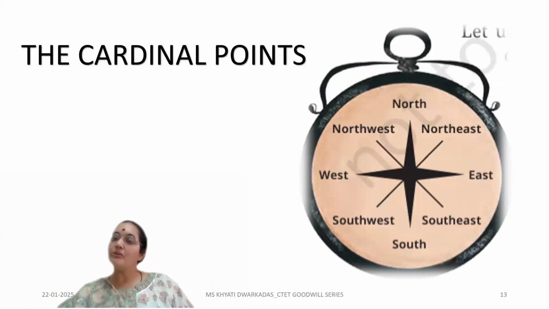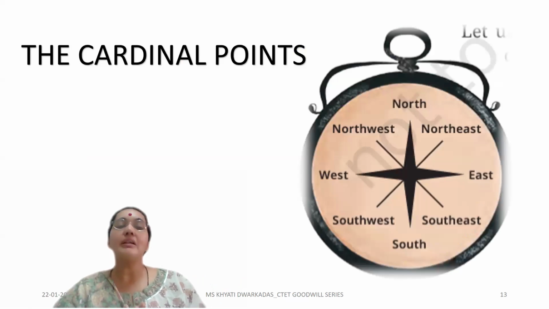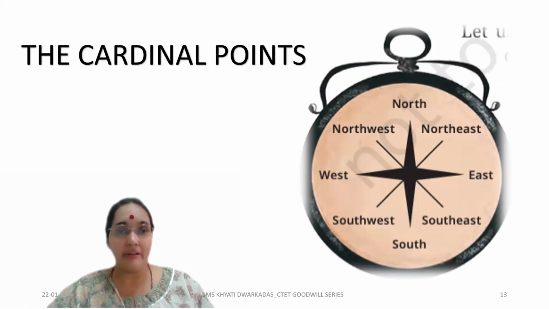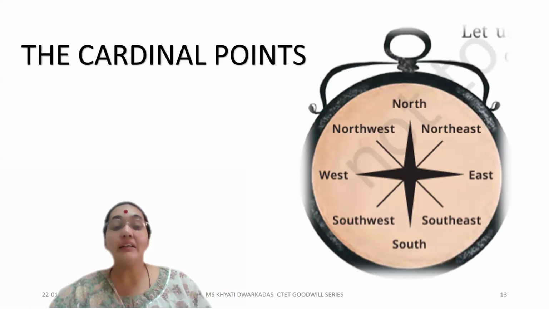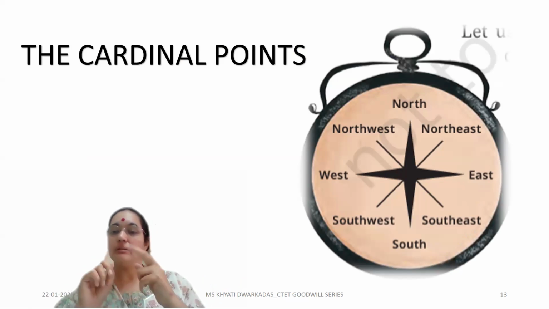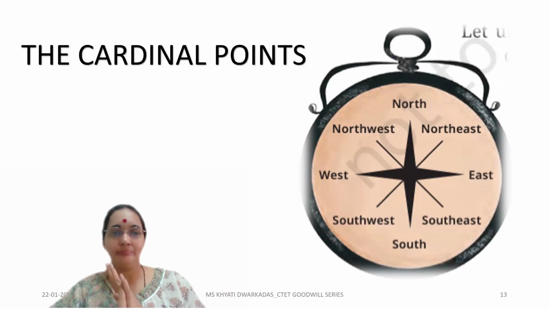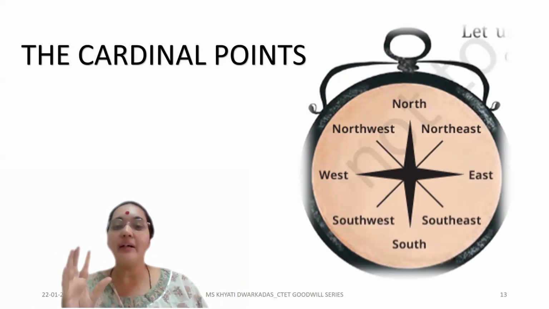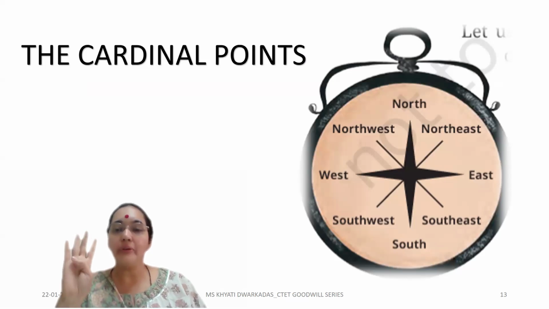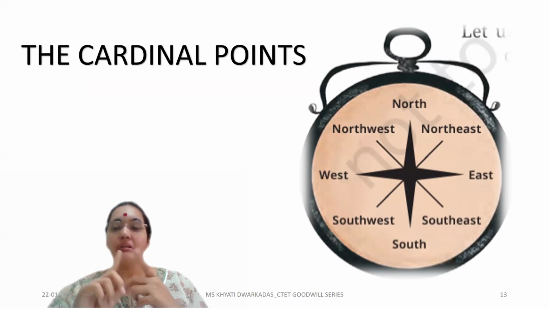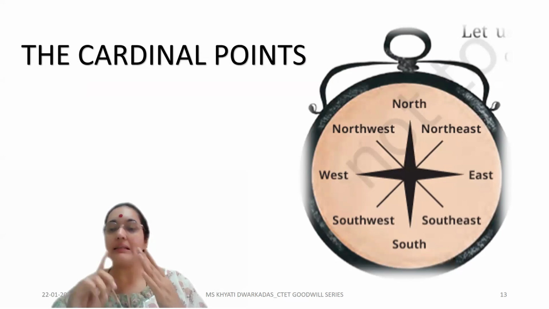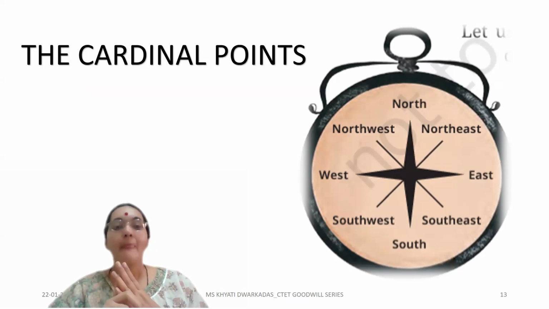In the map, we also need to know that we have something called cardinal points. Cardinal points are only 4: north, south, east, and west, which you would normally find on a compass, right? There are only 4 cardinal points: north, south, east, and west.